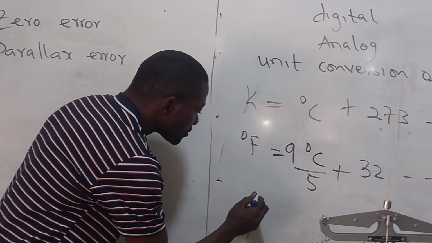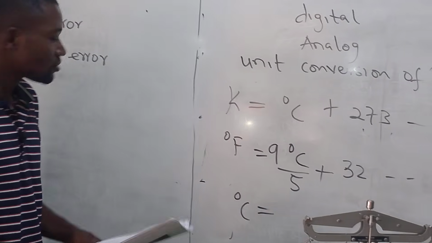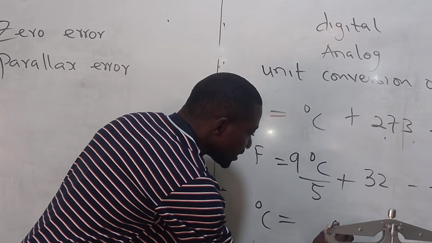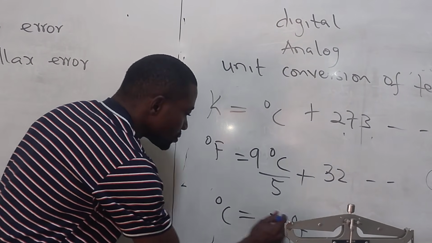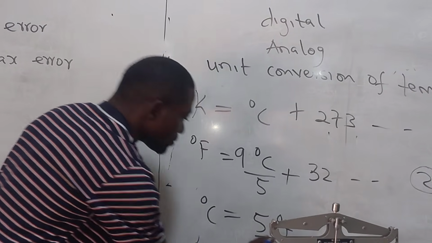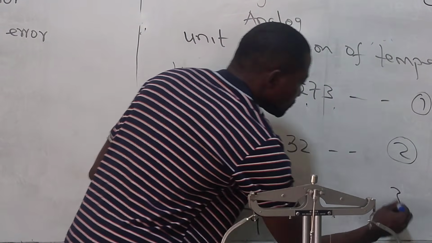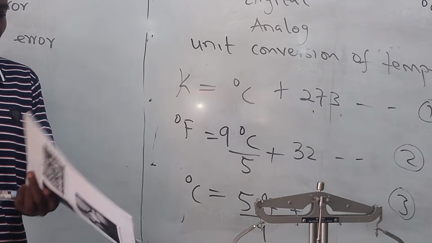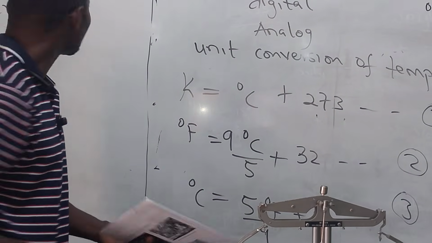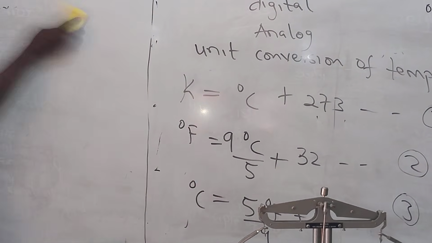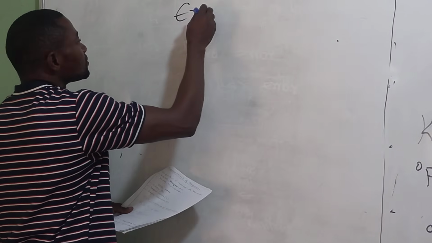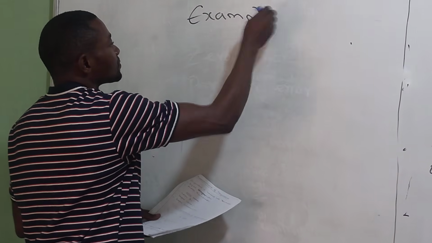Also, we can convert temperature in degree Fahrenheit to degree Celsius. Equation 3 can be used for that. Let's look at an example of how we can use this formula.